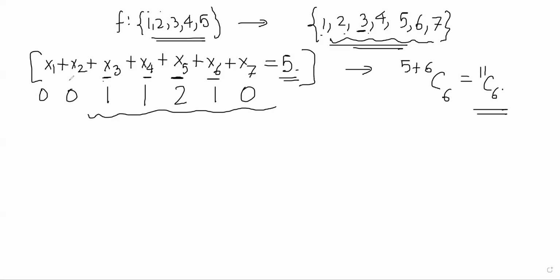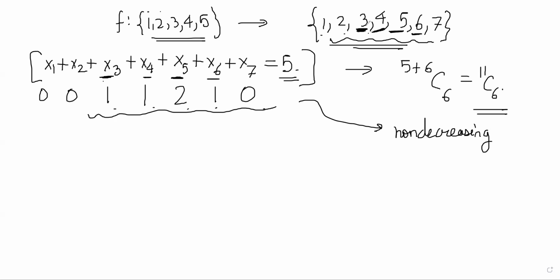What we are doing here is every solution automatically gives us a non-decreasing function. So suppose I choose this solution 1, 1, 2, 1, 0, right? So one input goes to 3, one input goes to 4, 2 go to 5, and 1 goes to 6, right?